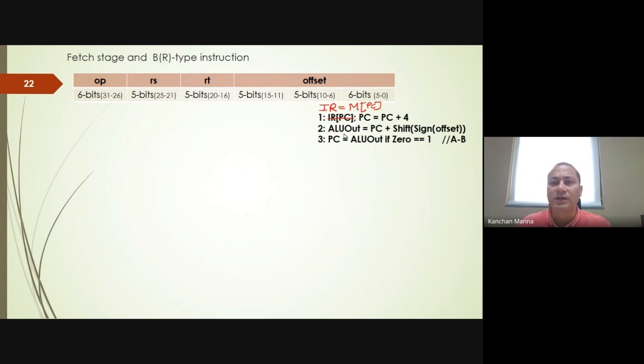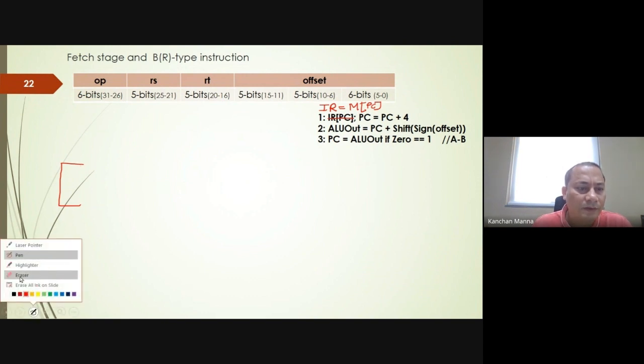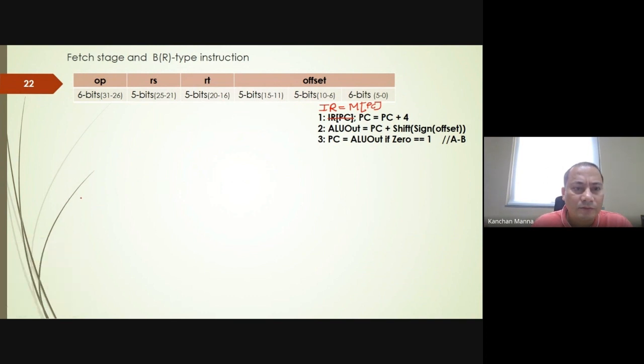Okay, so let us draw the data path for that. We have to fetch the instruction first. The PC holds the instruction's address, and the instruction is stored in the memory.